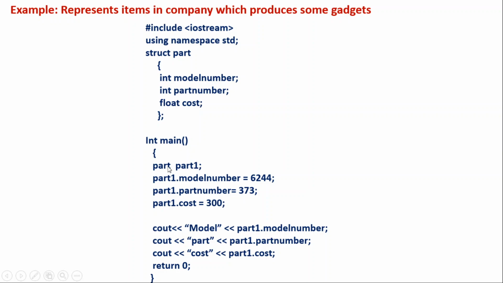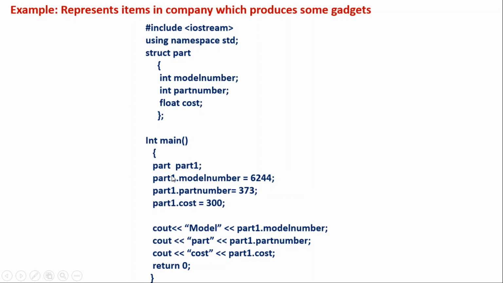When I do this, it actually reserves the space in the memory for part 1. Part 1 actually holds three members: that is model number, part number, and cost.